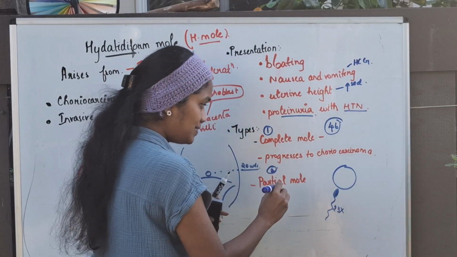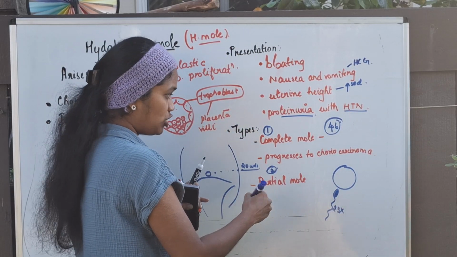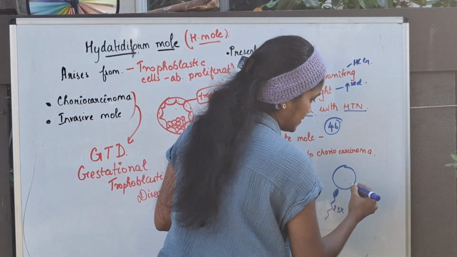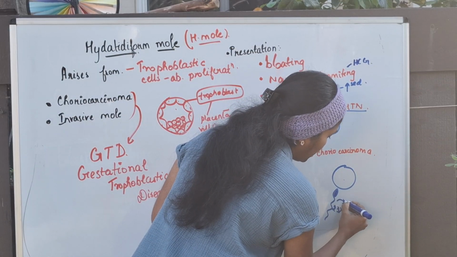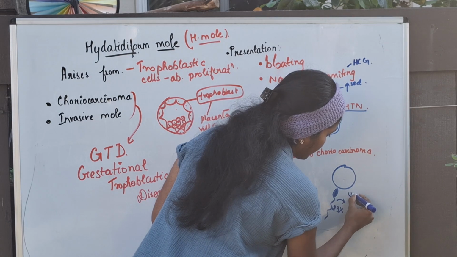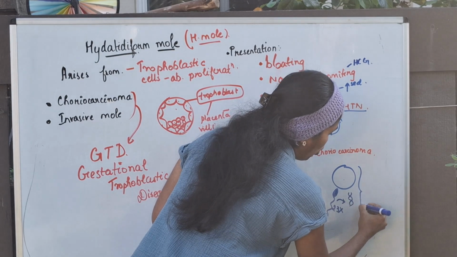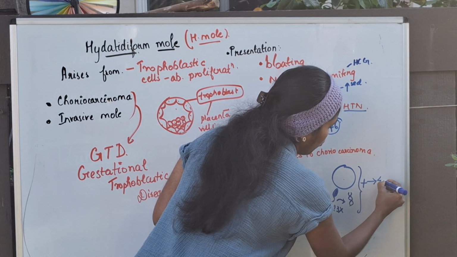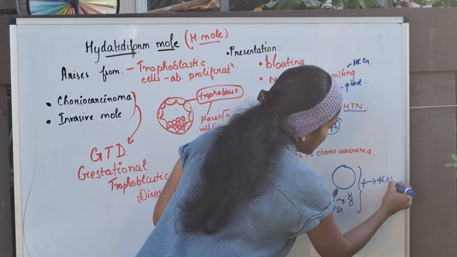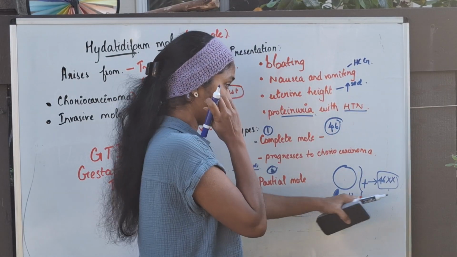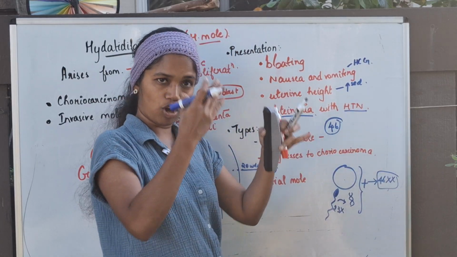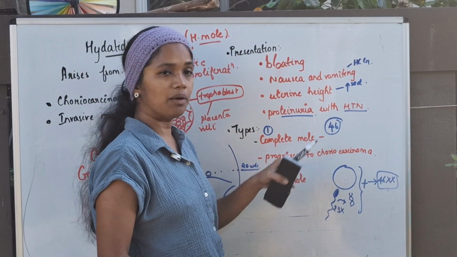This sperm which fertilizes the ovum will be 23, and it will duplicate its DNA material such that altogether it forms 46XX. Since it is similar to 46, the normal chromosomes, it is known as the complete mole.